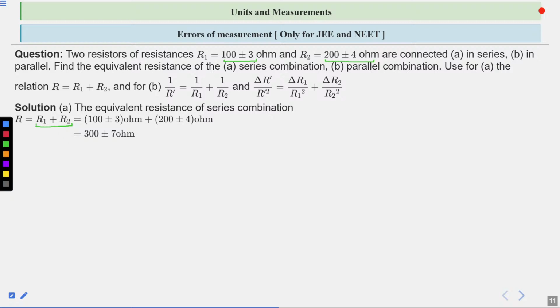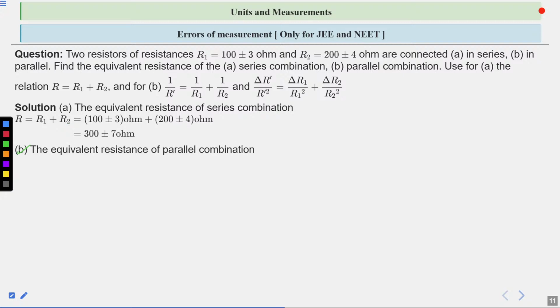So 100 plus minus 3 ohm plus 200 plus minus 4 ohm. This is for the series combination. When we add 100 plus 200, it will be 300. And for plus minus 3 and plus minus 4, it will be plus minus 7 ohm. So this is the equivalent resistance of the series combination.